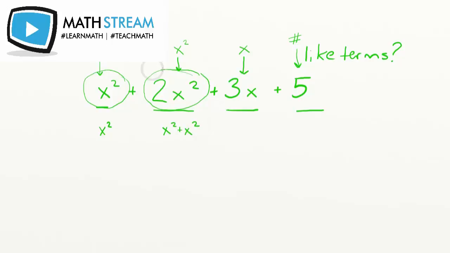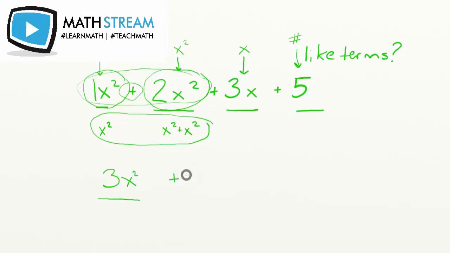So if I were to take these two terms and write them as one, how many x squareds do I have? X squared plus 2x squared, well, I have 3 x squareds. 1 x squared in the first term, 2 x squareds in the second term, so if I add them together, I get 3 x squareds.